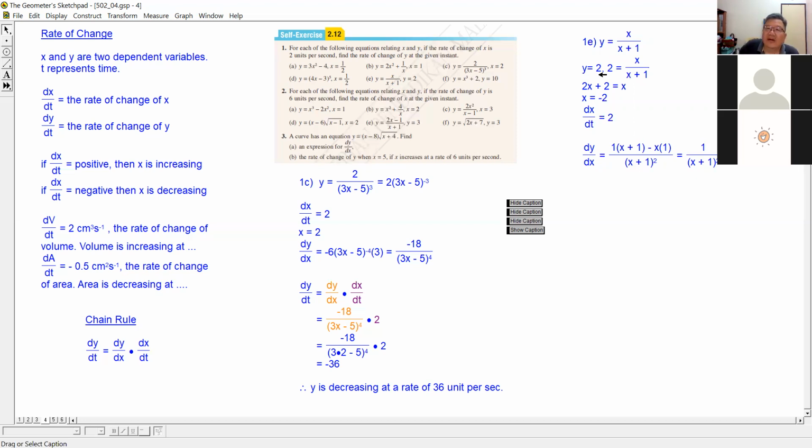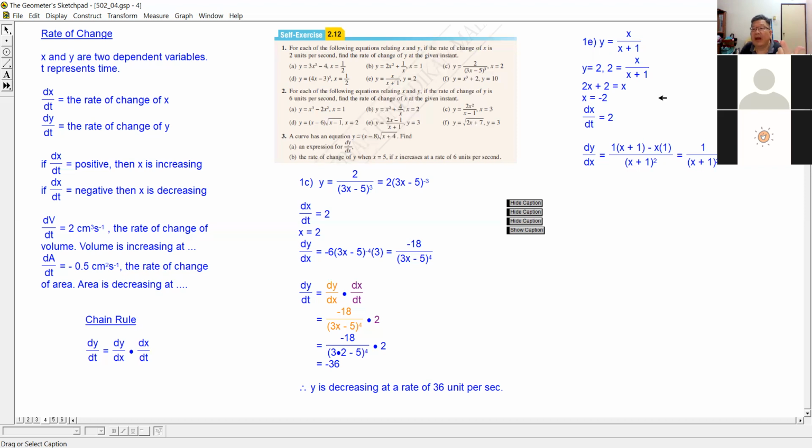But with y equals 2, you need to know what is the value of x. So you substitute back into the y here, y equals 2, then you solve this equation. When you solve it, bring over, 2x plus 2 equals x, so x equals negative 2. So what are the items that you have prepared? x equals -2, dx/dt equals 2.